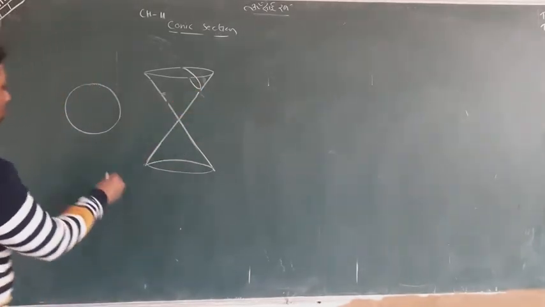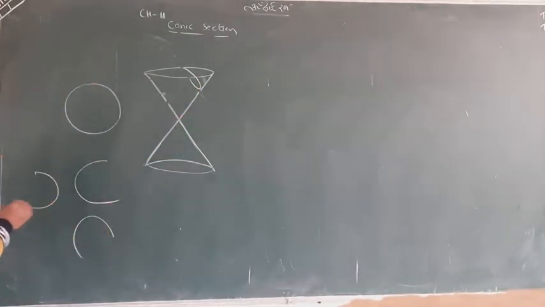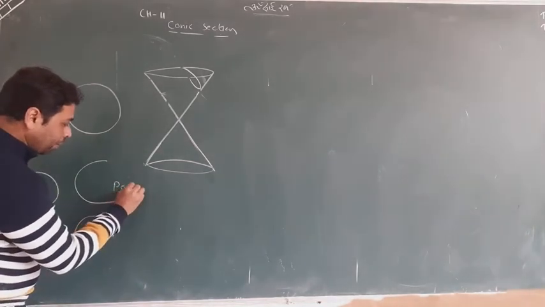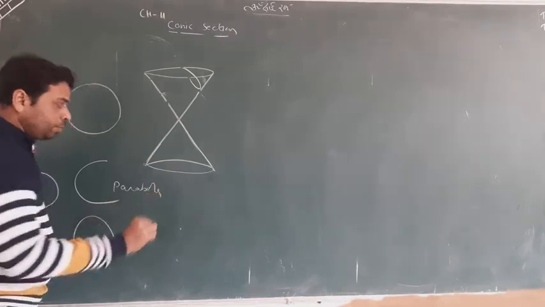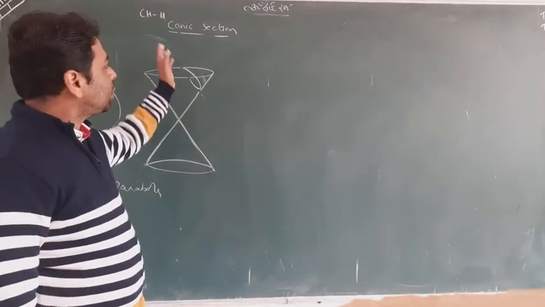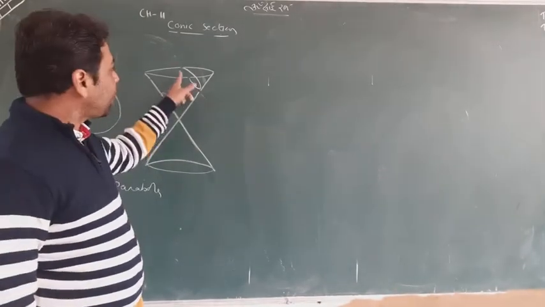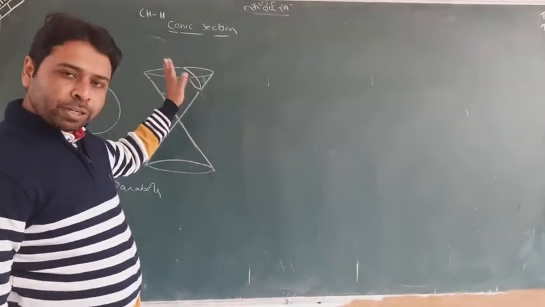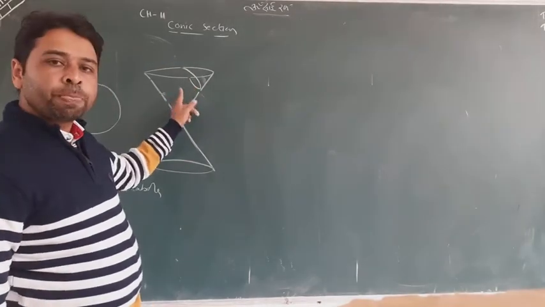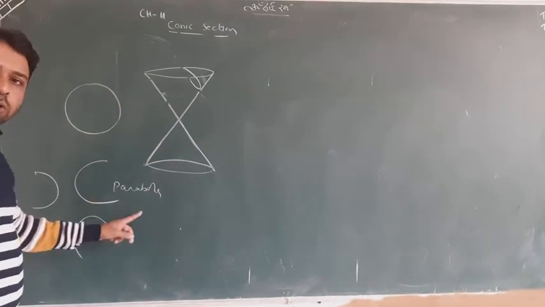This portion looks like that, or like that. So this is called a parabola. After cutting the solid cone in a slant way, the flat area obtained on this solid cone will look like that, and this will be called a parabola.